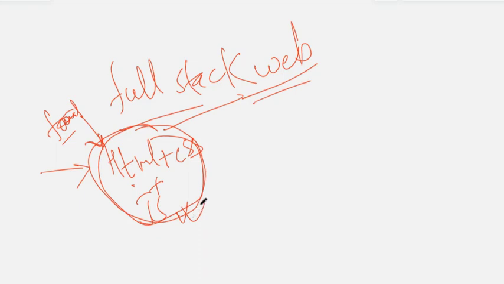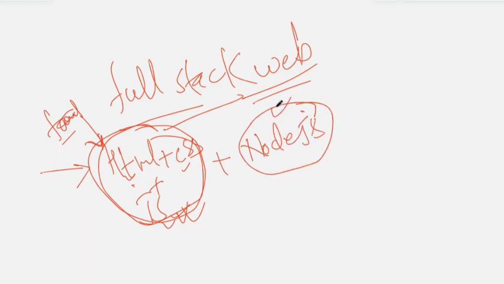So try to learn these three languages. HTML is a scripting language, CSS is for styling, and JS is a programming language. After that you can learn Node.js for the backend. It is very simple to learn compared to Python Django and Java Spring. So try to learn Node.js for the backend, and one DB, like you can learn MySQL.